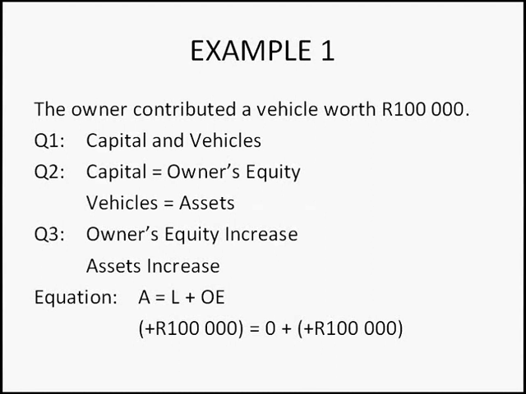The left-hand side is equal to the right-hand side. Okay, so let's do a few more examples. I'm going to do a few to show you all the different types of increases and decreases that you can get.